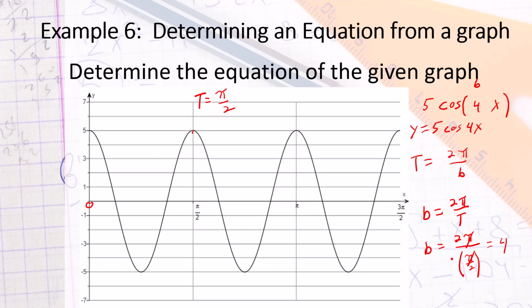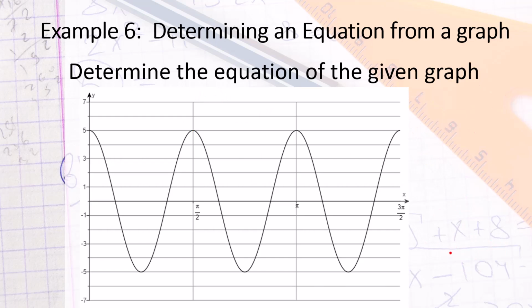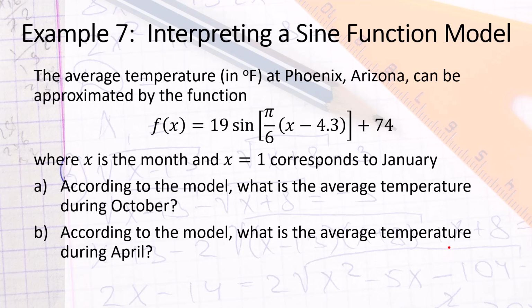And this brings us to our last problem, which has to deal with interpreting a sine function model. This gives you the average temperature in degrees Fahrenheit in Phoenix, and it says it can be approximated by this particular function. What does this tell you?